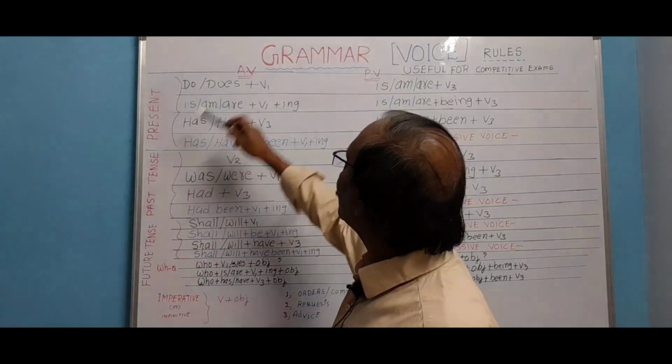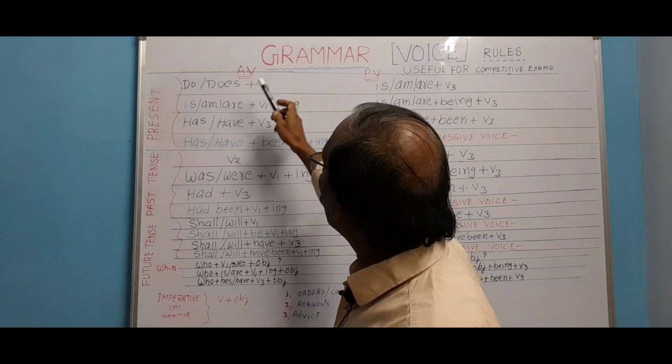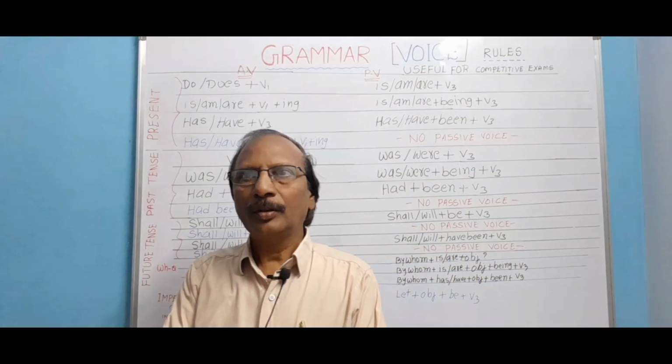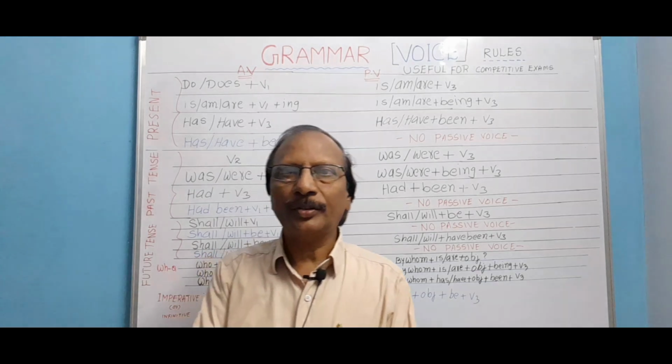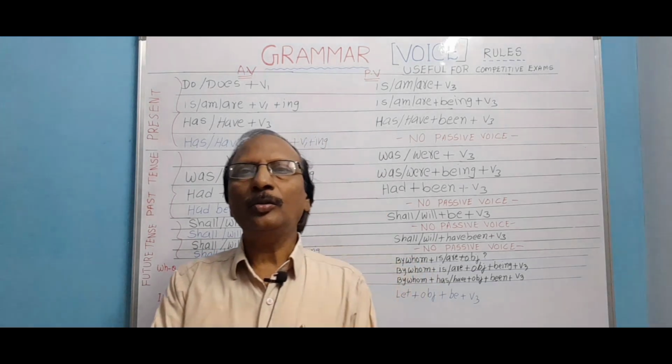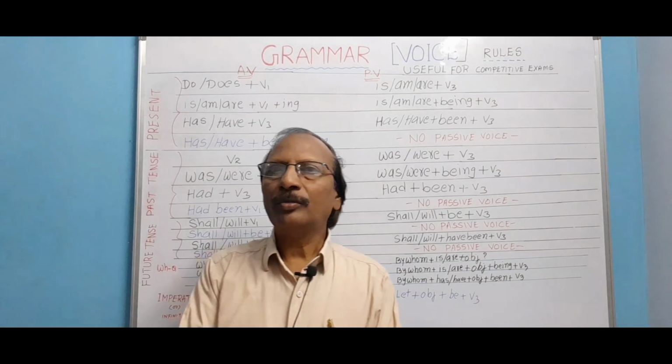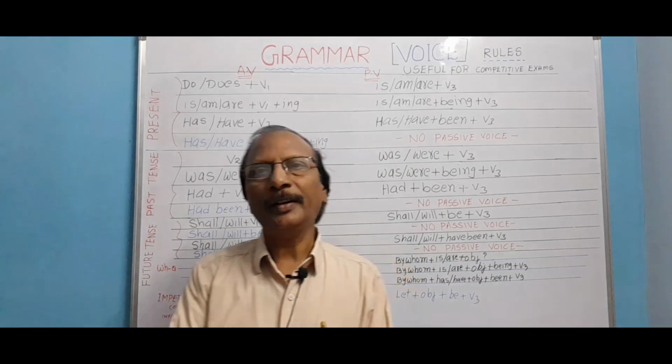Now let us see. There are in total 12 tenses, and these are all the rules of voice. Out of 12 tenses, active and passive voice exist for only 8 tenses.